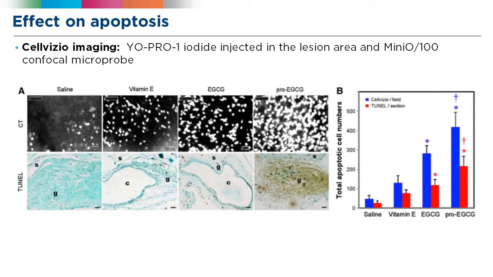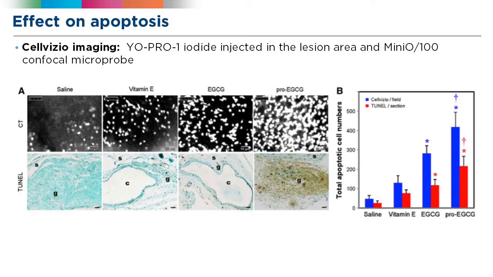The users also looked at cell death apoptosis using YoPro1 that was directly injected in the lesion area, and they used a higher resolution confocal microprobe, a Minio 100.